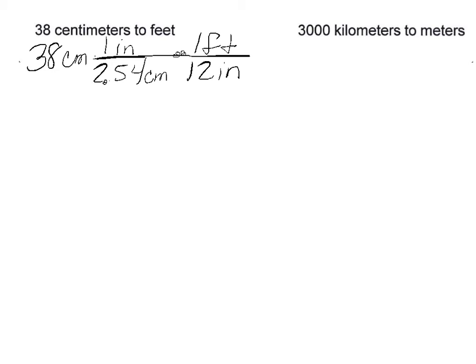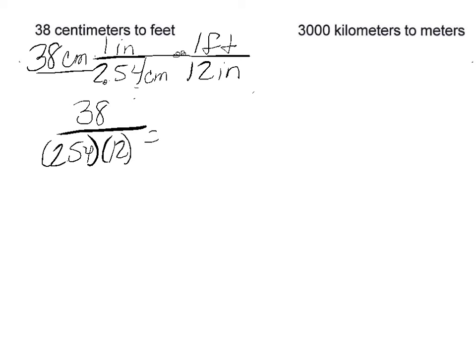And you can do that in a couple steps if you want. One way to do it is to take 38 divided by 2.54, and then take that divided by 12. Now, you can also, on your calculator, take whatever 2.54 times 12 is, and then divide it.